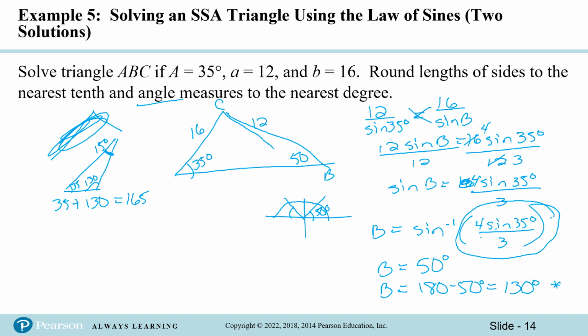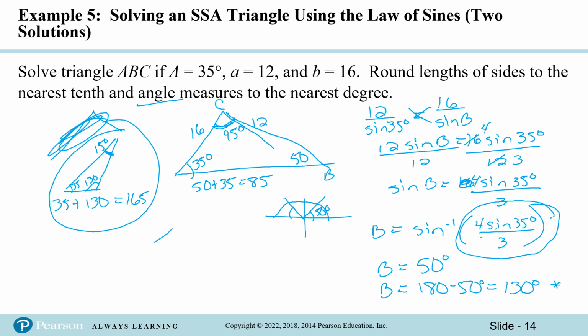Certainly 50 plus 35 would be smaller than 180, right? So to get this angle right here, you would take 180 minus the 35 and the 50, and that gives me 95 degrees. Okay, so what do I mean by this one over here? You have to check and make sure.